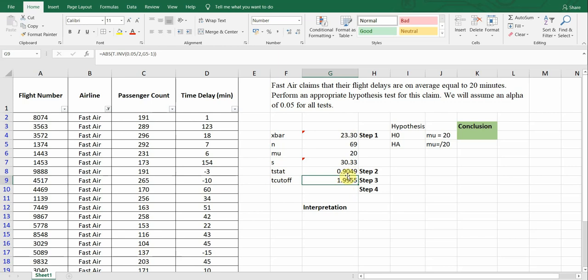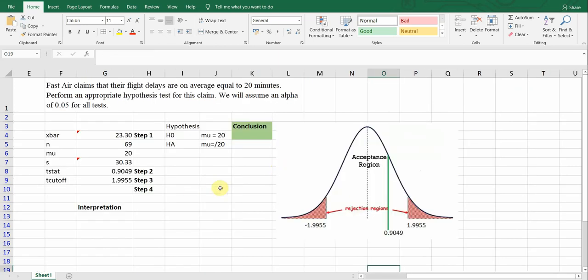We have to see where our t statistic value lies, that is 0.9049. So where does the t statistic value lie with respect to the t cutoff value? If you can see in this picture, the t cutoff values are minus 1.9955 and plus 1.9955, and the t statistic value, which is 0.9049, is somewhere over here, the green line.